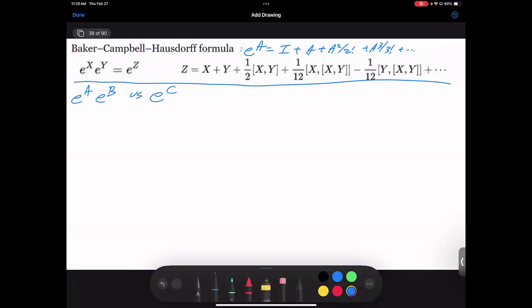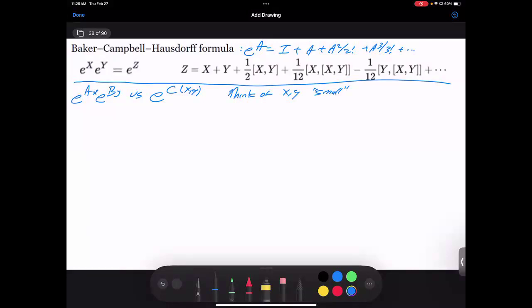This is a hard problem. So I'm going to multiply a by the scalar x, b by the scalar y, and I'll have some matrix c that will depend on x and y. Think of x and y as small. Maybe epsilon 1 and epsilon 2.